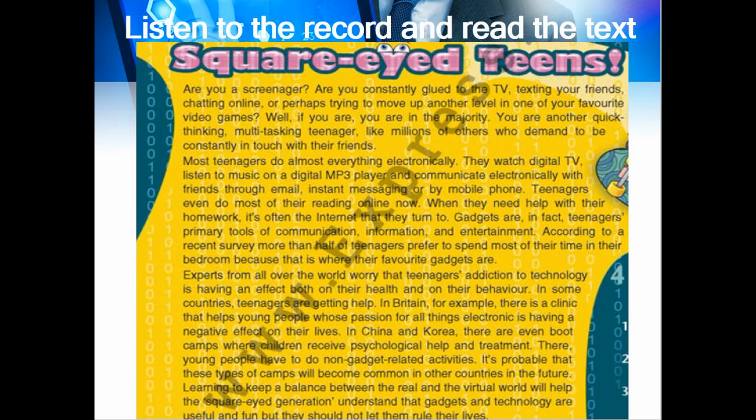In China and Korea, there are even boot camps where children receive psychological help and treatment. There, young people have to do non-gadget related activities. It's probable that these types of camps will become common in other countries in the future. Learning to keep a balance between the real and the virtual world will help the square-eyed generation understand that gadgets and technology are useful and fun, but they should not let them rule their lives.